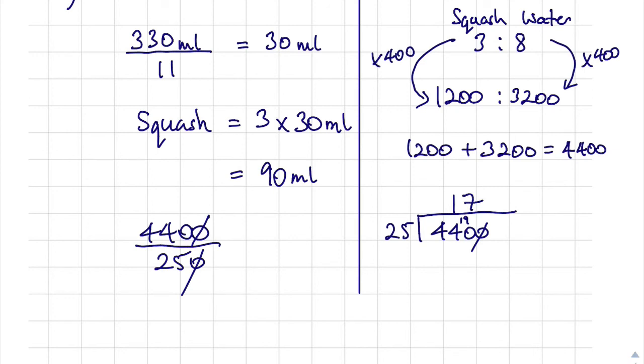Now there is going to be a remainder, but if you think about it, I'm not really interested in the remainder. I'm just interested in the total number of servings. So in other words, I will get 17 full servings, each of 250 milliliters. And the remainder, I really do not need to calculate, so don't waste your time doing that. Now I should finish with the sentence, and again, I will leave you to do that.